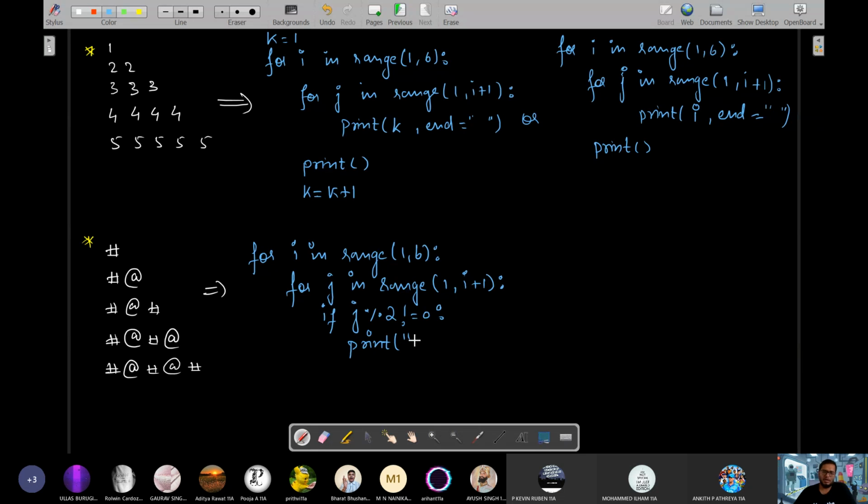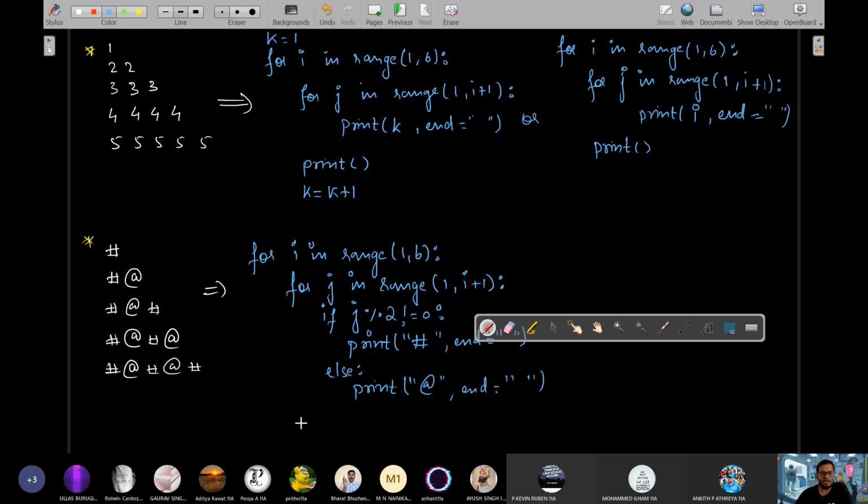print hash, else, that means j will be at an even position. If it is not that, then in that case you have to print at the rate. And either of these, depending on the value of j, is printed, and once this loop has entirely run, you will print a new line.